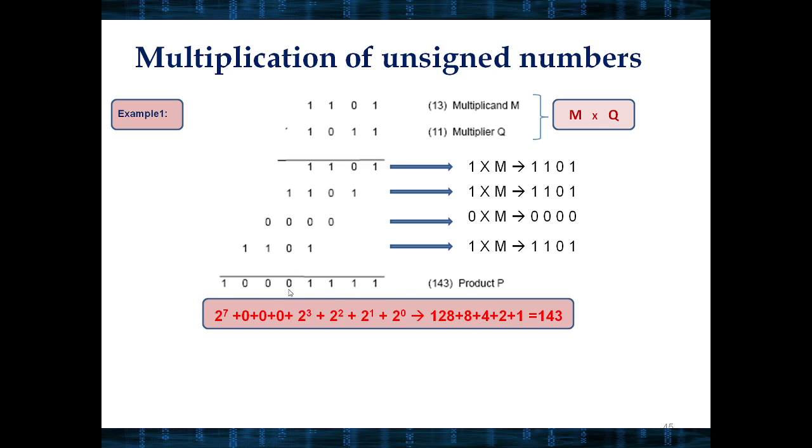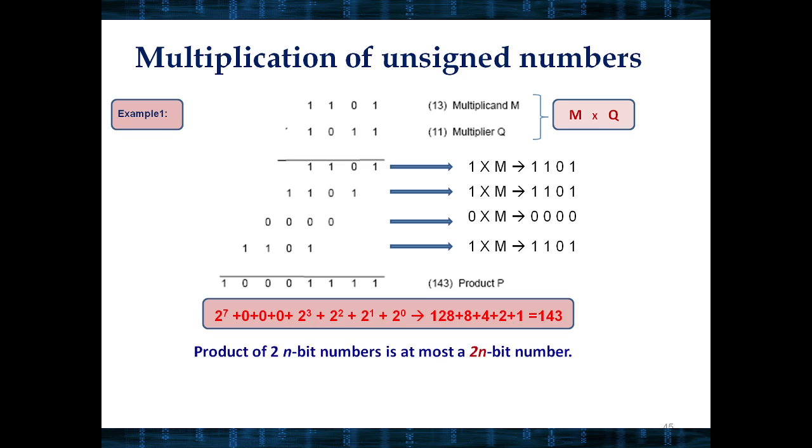When we convert this into a decimal value, we get 143. So 13 into 11 is 143. Here is the conversion: 128 plus 8 plus 4 plus 2 plus 1. When you add this, you get 143.